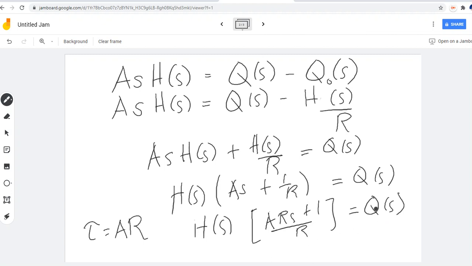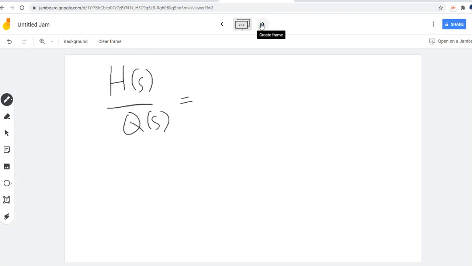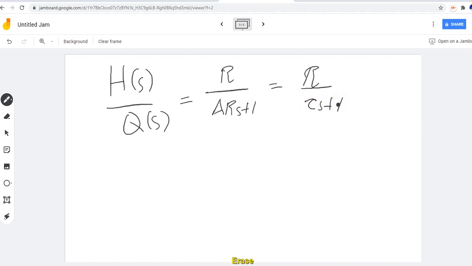That would now give us an R over A R S plus 1. Your R is equal to tau S plus 1. Now this is the transfer function of a liquid level system. The gain, this one, is the linear resistance to flow.